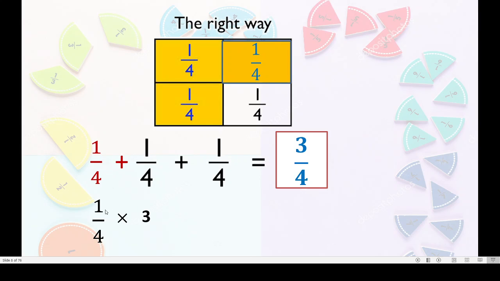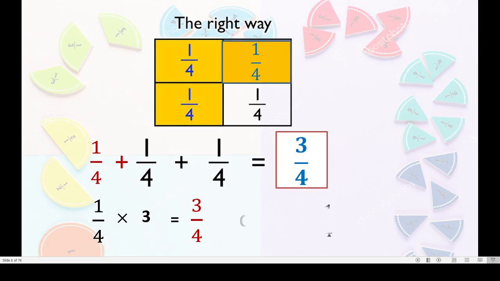So 1 upon 4 we multiply 3 times, and we will get the answer. 3 ones are 3 in the numerator and the denominator remains the same. See, check the answer. 3 upon 4. Here also we got 3 upon 4.